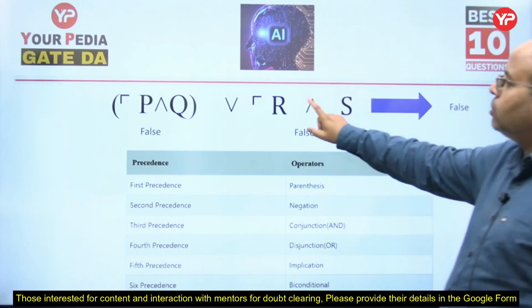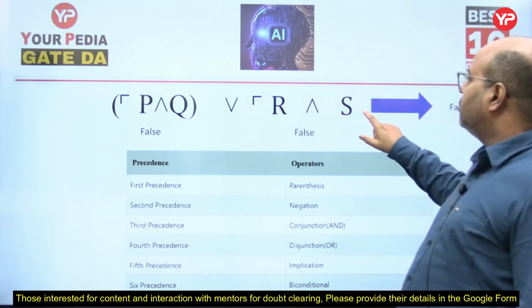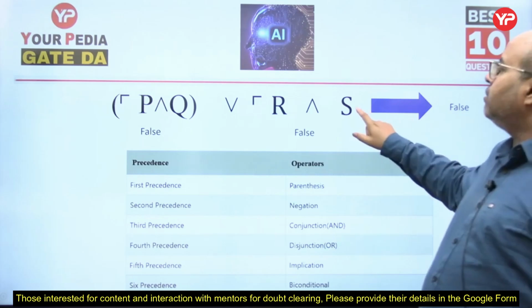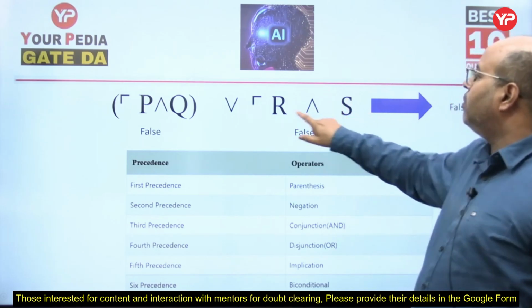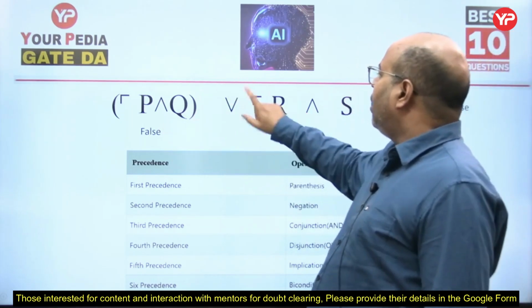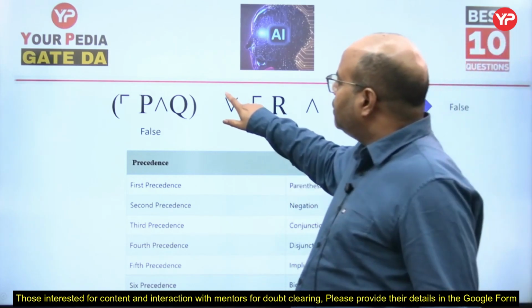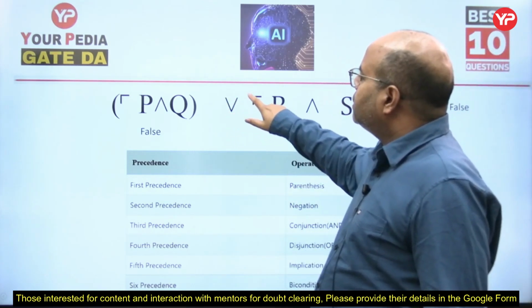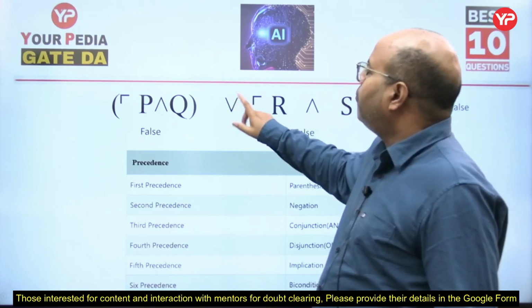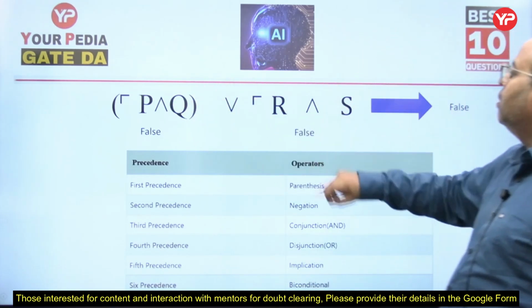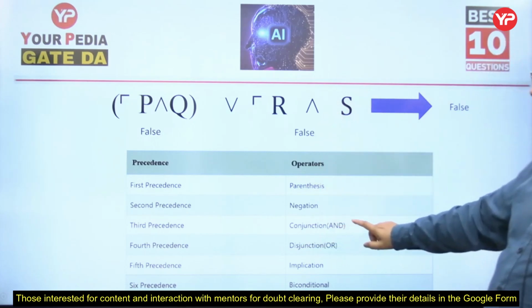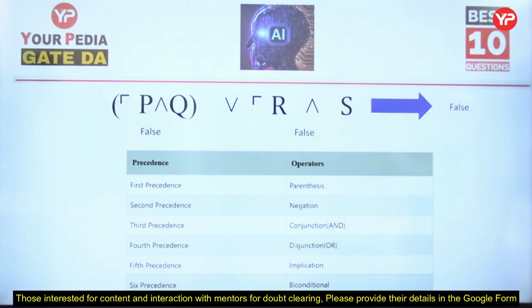So negation of R is true and S is false. So since one is false and operator is there, this entire thing will be false. And false or false means it is false. So that's how it has to be. We can't operate this or before we do both, because and has a higher precedence than or in this chart. So that's why it's coming out to be false. I think you have understood it.